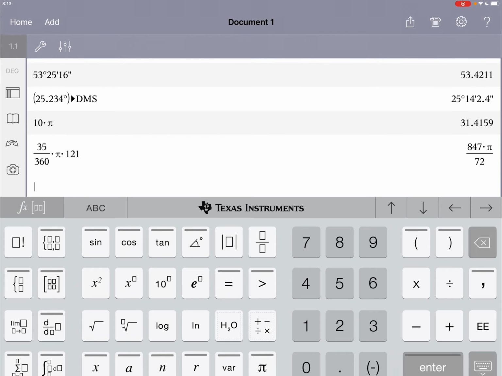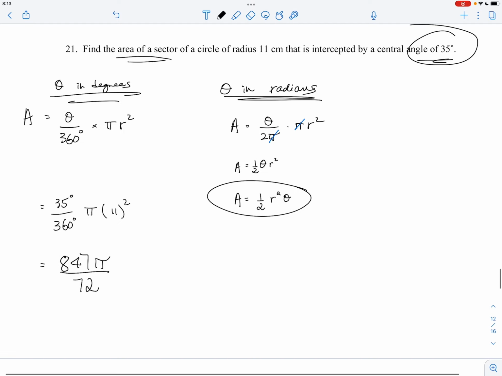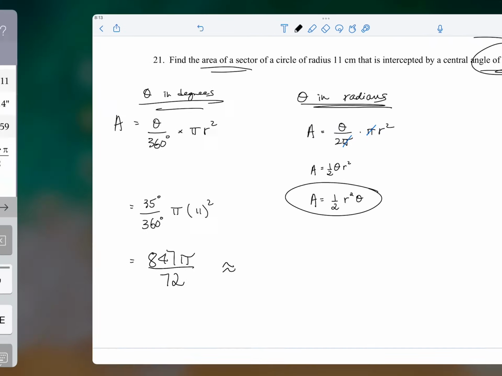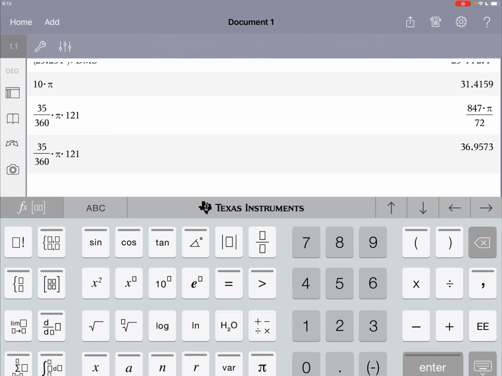Then you have the exact answer, 847 pi over 72. Cannot reduce it any further. Or if you want the estimated answer, press Control Enter and you get 36.957.